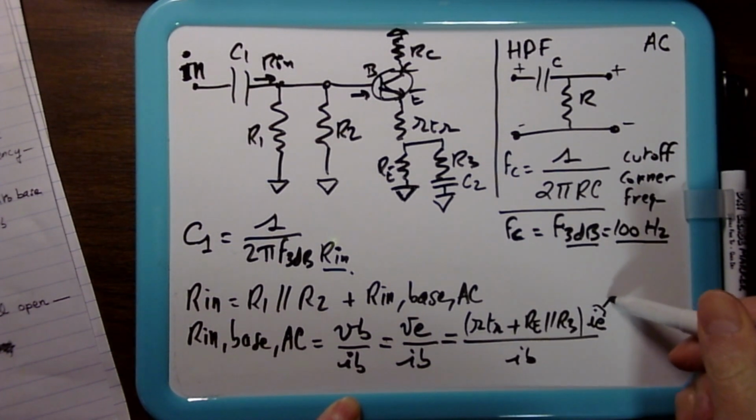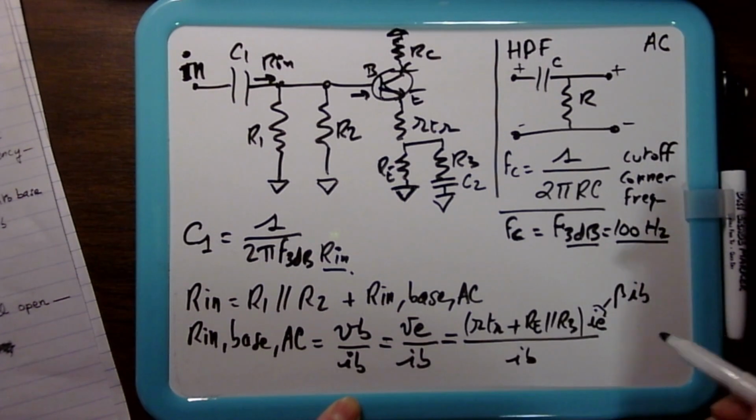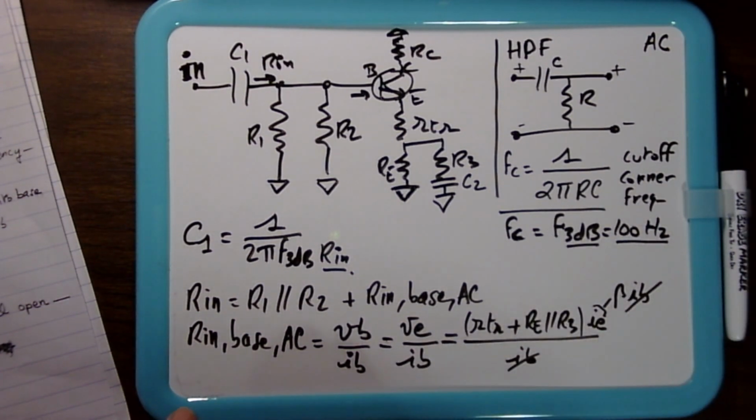This is IC, that is beta IB, so IB gets cancelled, and you end up with R in base AC is equal to RTR plus RE in parallel with R3 times beta.